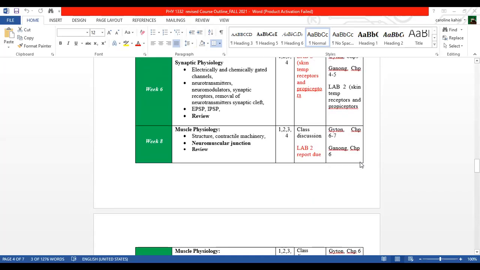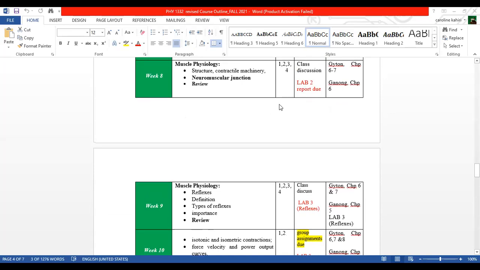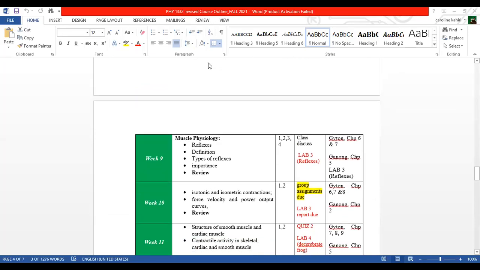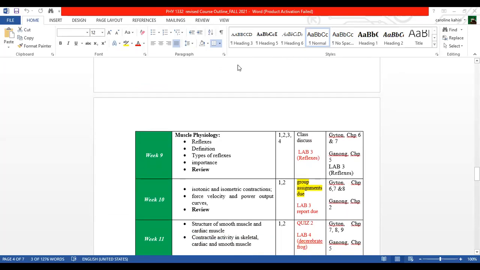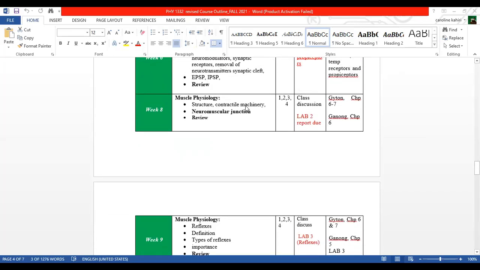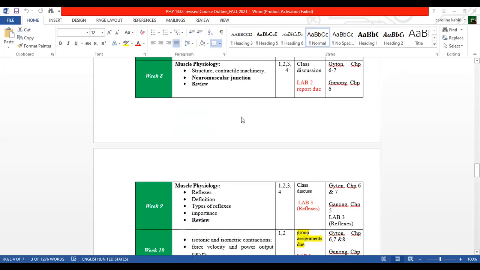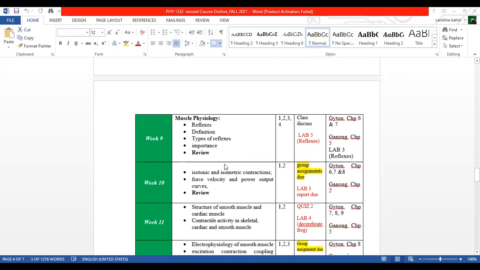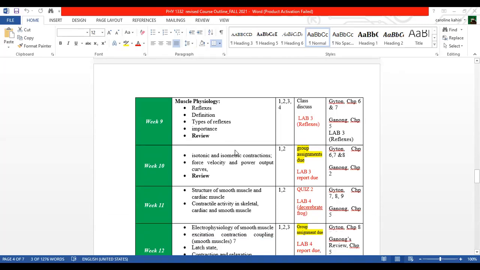So generally, if you look at what we are covering on muscle physiology, we've looked at the machinery of how contraction takes place, neuromuscular. Are you able to see my screen? Yes. Okay. So we've covered structure and function of all those contractile proteins, neuromuscular junction. We've done reflexes, the definition, the different types of reflexes, their importance.